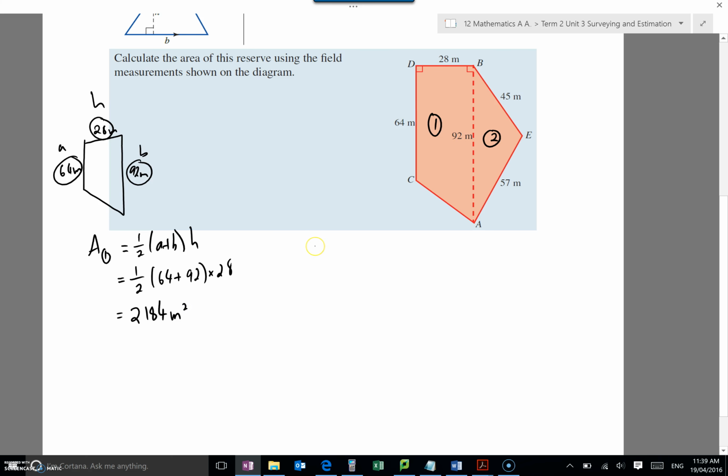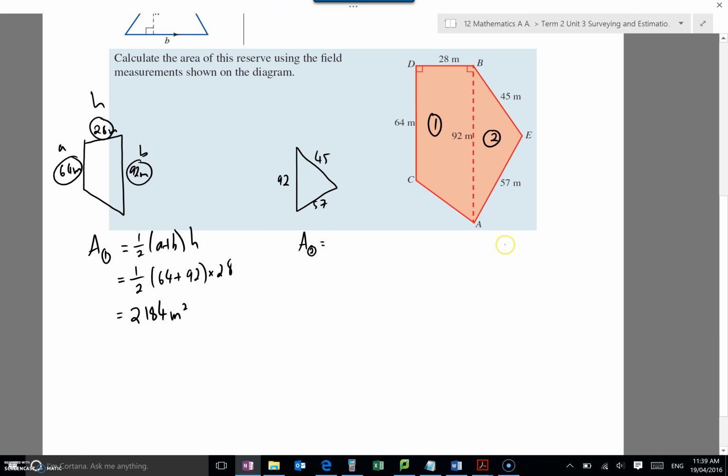Now I'll have a look at area 2. It's a triangle. There's no right angle there, so I'll need to use Heron's formula. So area 2, I'll get a triangle which is 92 by 45 by 57, just like the little area that we surveyed outside.